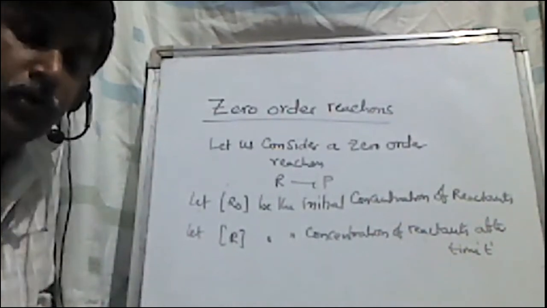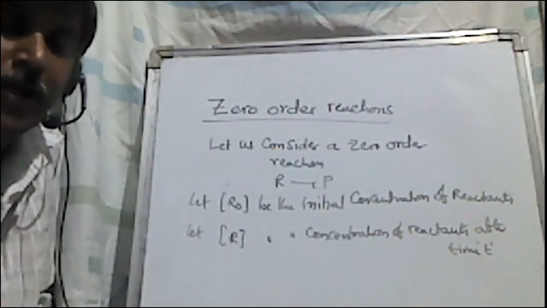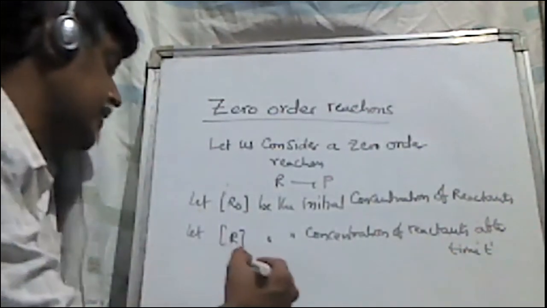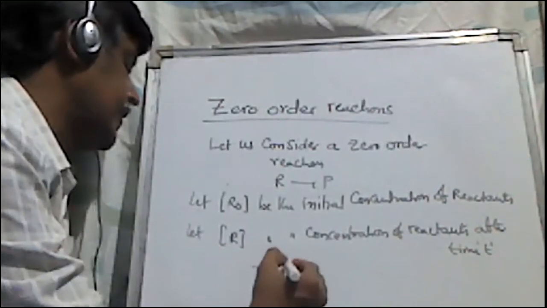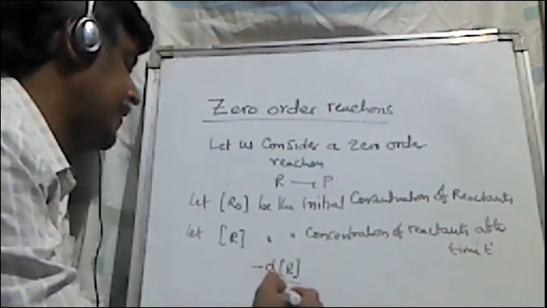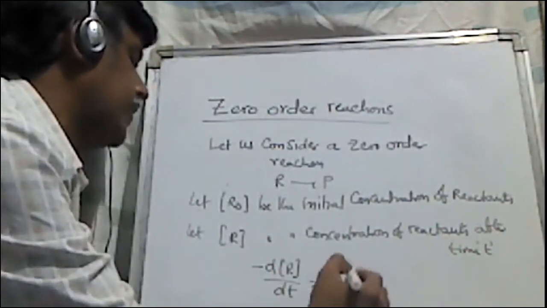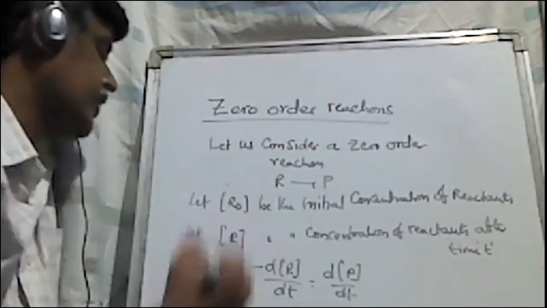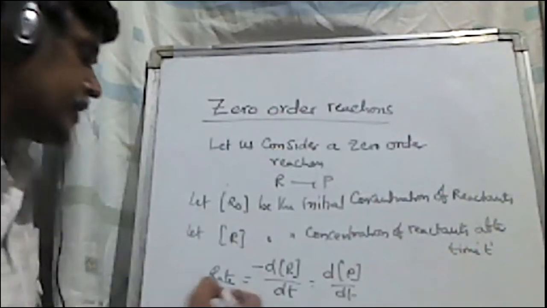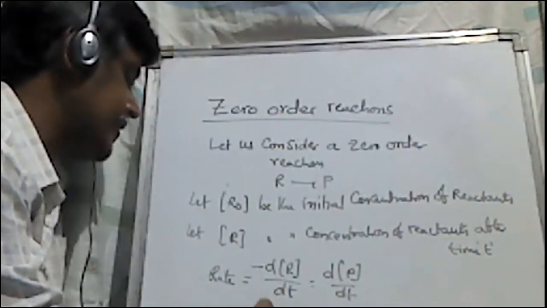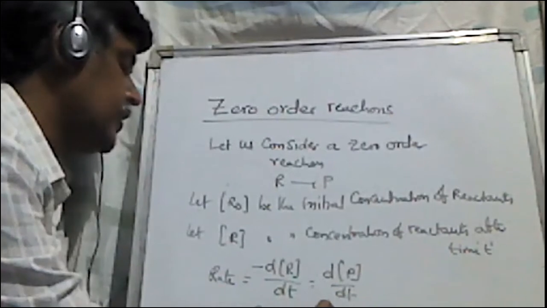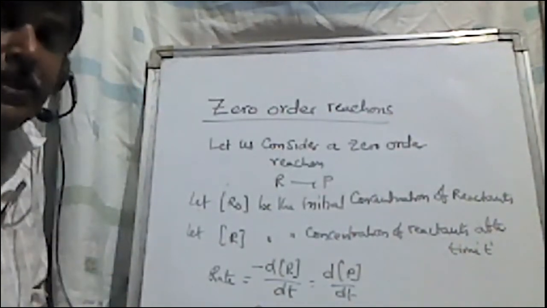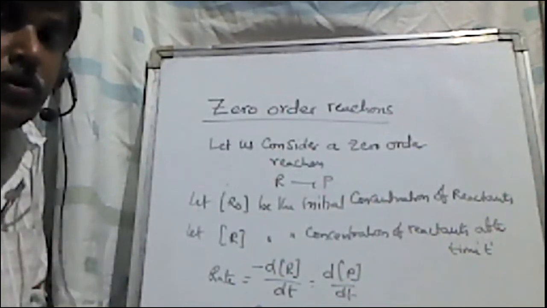Now, according to the definition of the rate equation, the rate of any reaction is dR by dt or dP by dt. From the law of mass action, we know that rate is directly proportional to the concentration of the reactants raised to their corresponding stoichiometric coefficients.